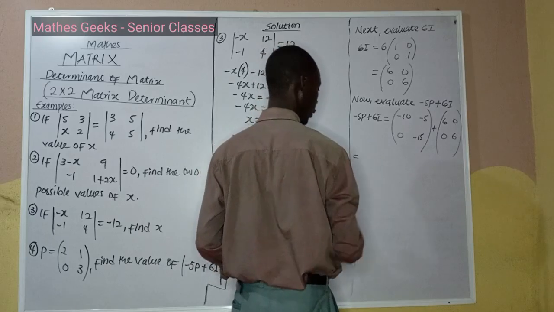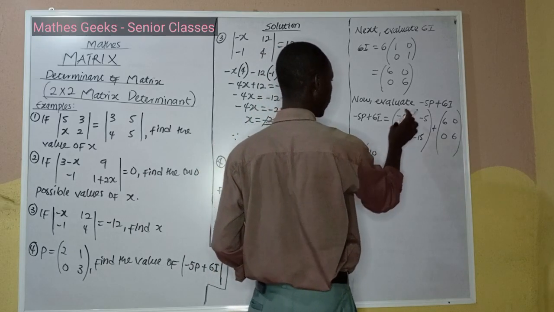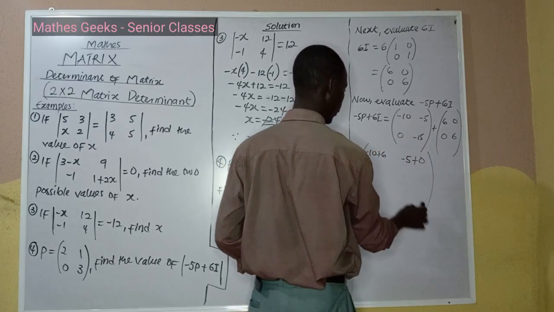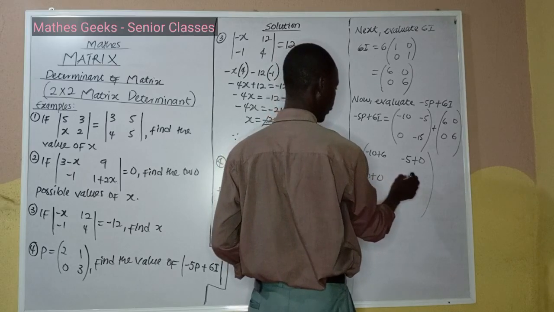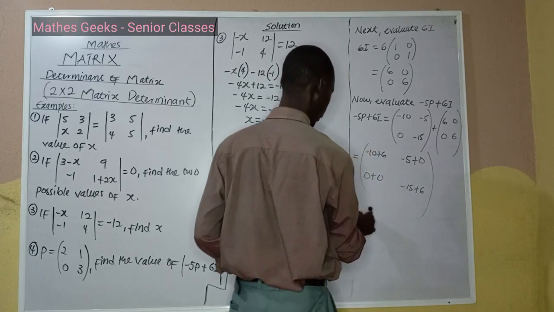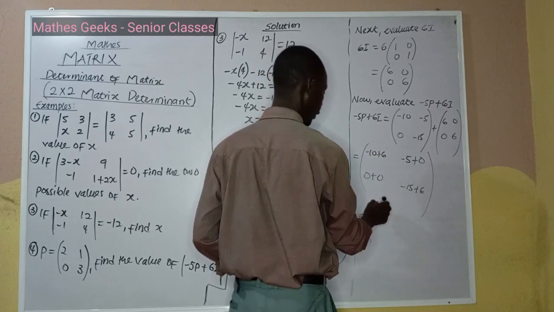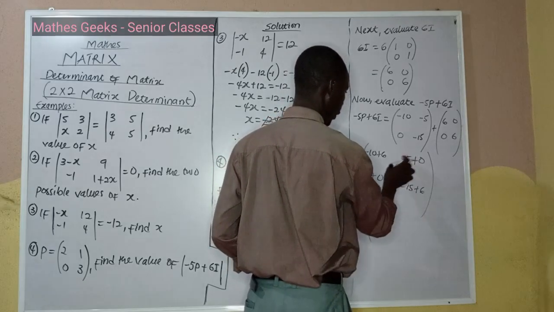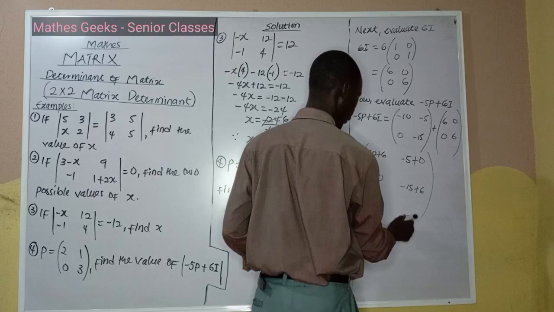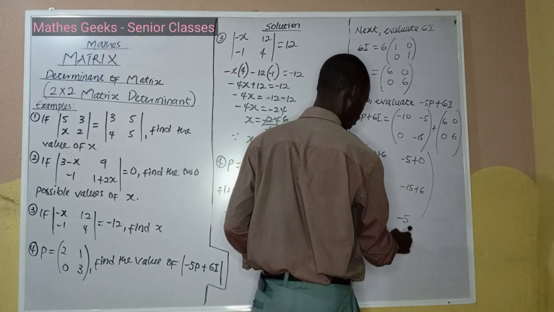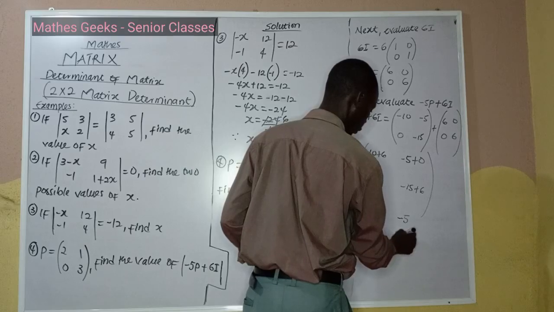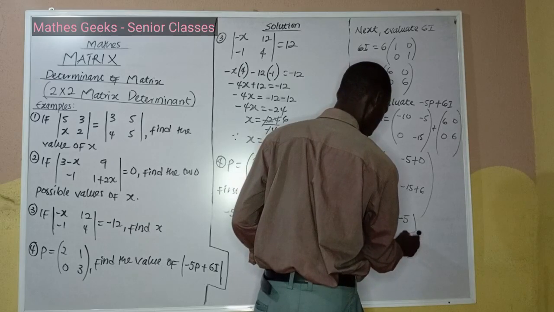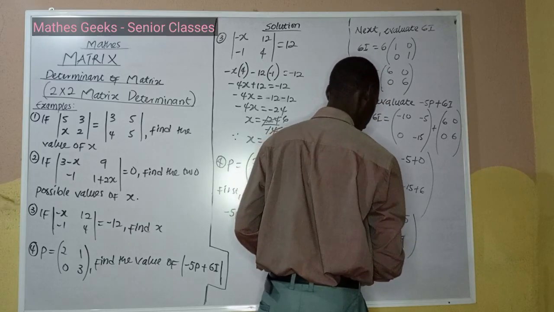So this will give us minus 10 plus 6, minus 5 plus 0, 0 plus 0, and minus 15 plus 6. Minus 10 plus 6 is minus 4, 0 plus 0 is 0, minus 5 plus 0 is minus 5, and minus 15 plus 6 gives us minus 9.